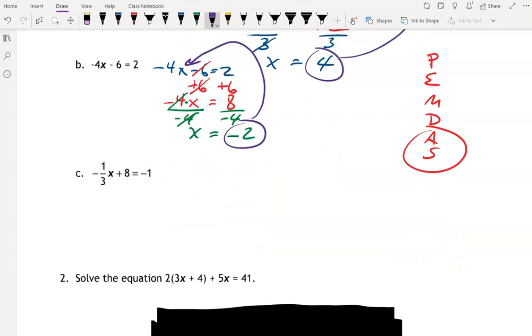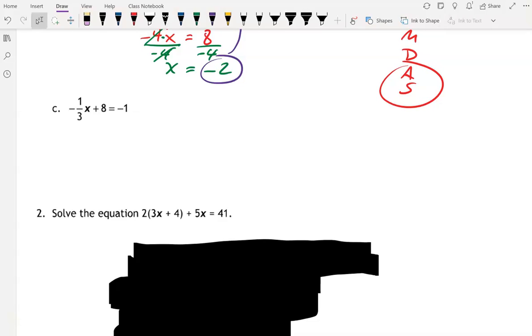All right, well, let's move on to the third one here. This is negative 1/3 times x plus 8 equals negative 1. Now this one, it's not a whole lot different than what we've done already. I'm going to rewrite it, of course. Equals negative 1. First things first, I'm going to undo the addition of 8 by subtracting 8.